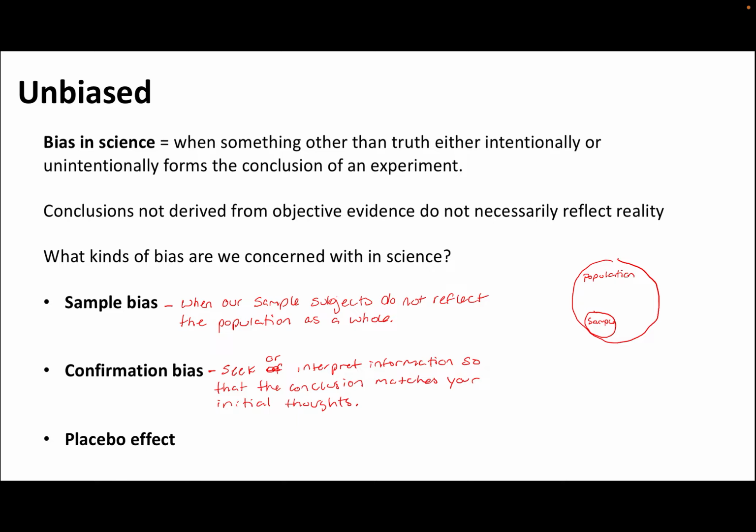Maybe another way to state this would be seeking information that shows that you are right. So you're trying to confirm your initial beliefs, and that is influencing how you either interpret the information you have, or you are specifically choosing some information and excluding other information that does not fit your original beliefs.